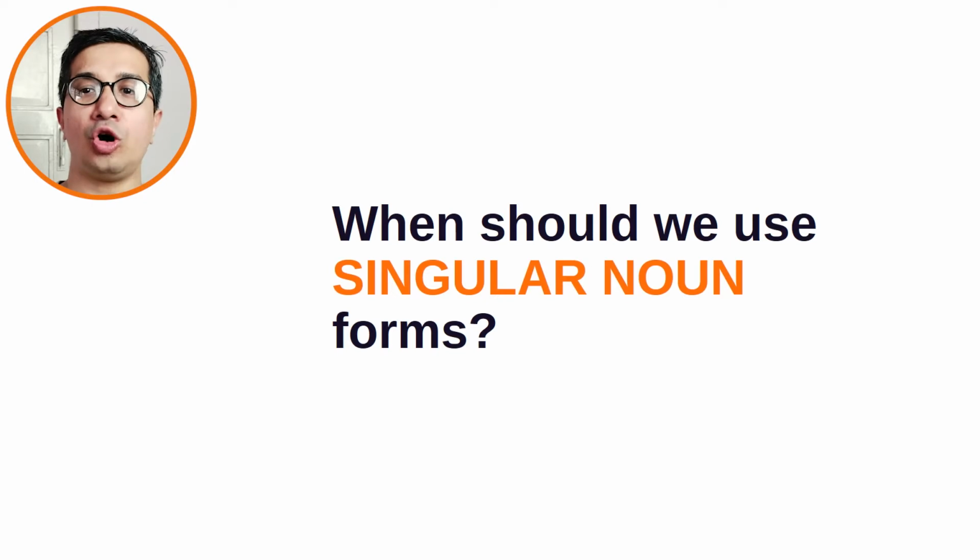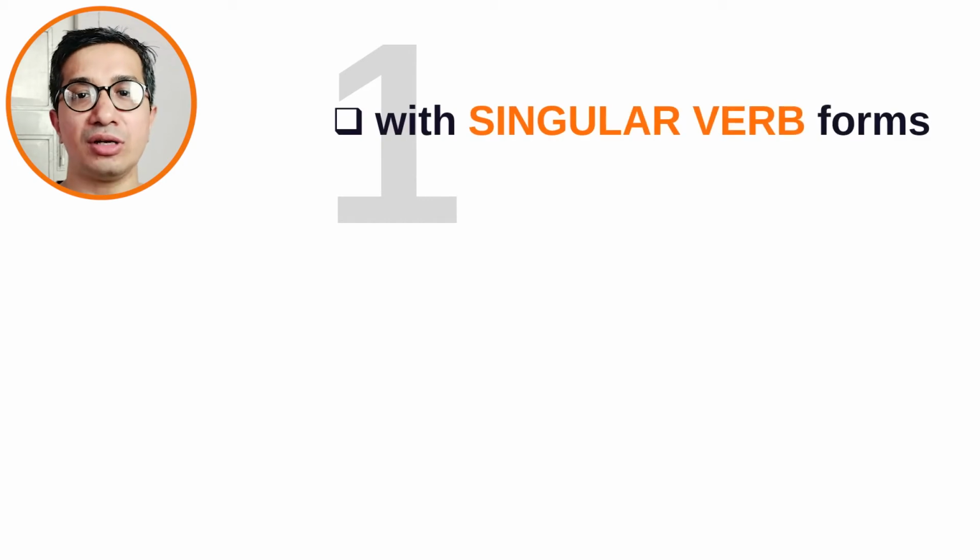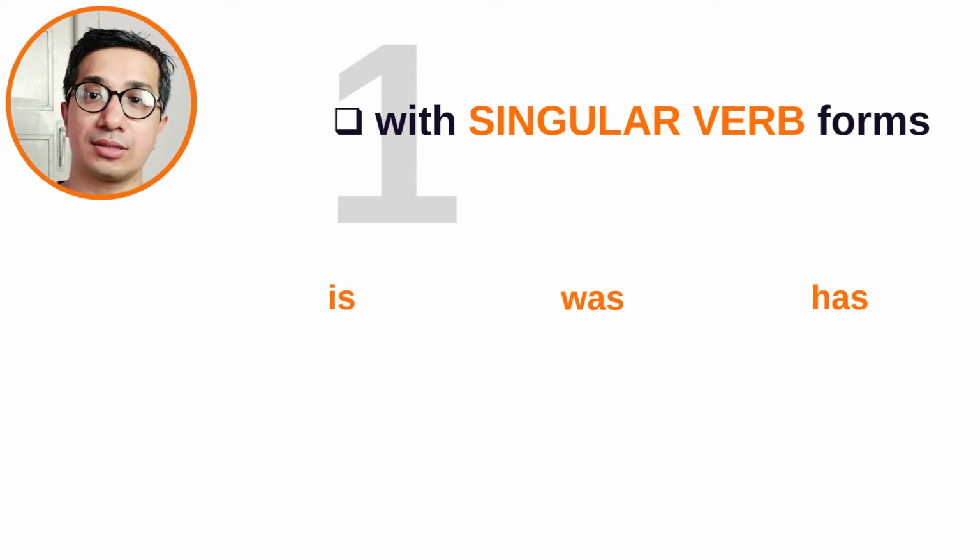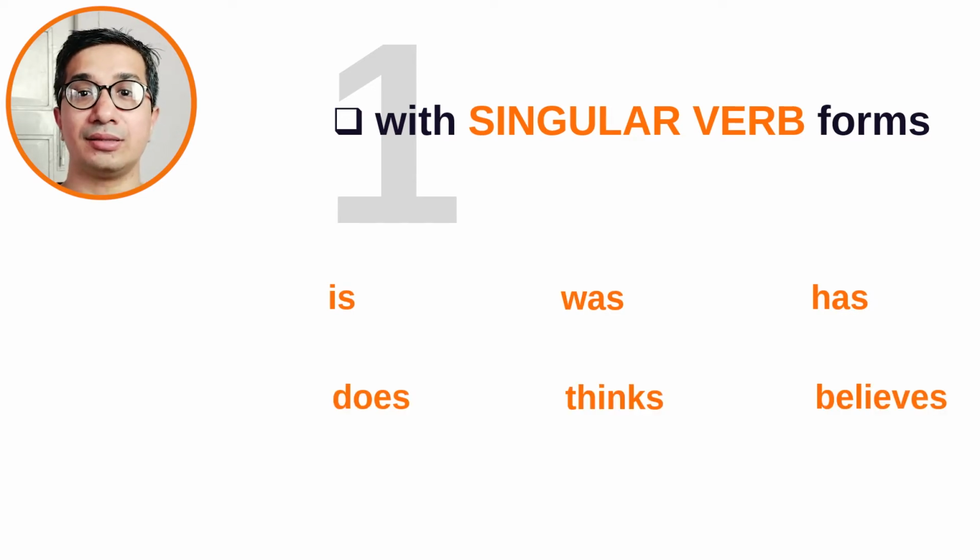Let's take a look at when we should use a singular noun form. So all the cases where you must use a singular noun. Firstly, we use singular noun forms with singular verb forms such as is, was, has, does, thinks, believes and so on.